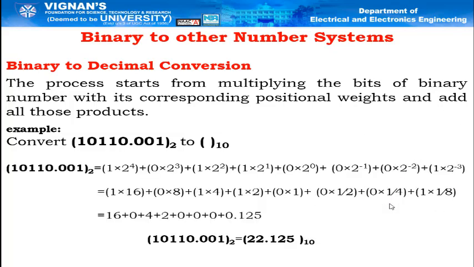Here see the procedure followed. The number has both an integer part and a fractional part, separated with a dot. The left side of the dot represents the integer and the right side represents the fraction. The integer part starts from the positional weight of 2 power 0, next 2 power 1, then 2 square, 2 cube, 2 power 4, and so on.